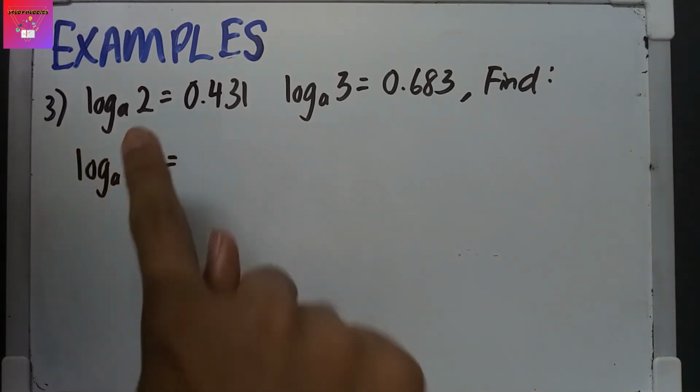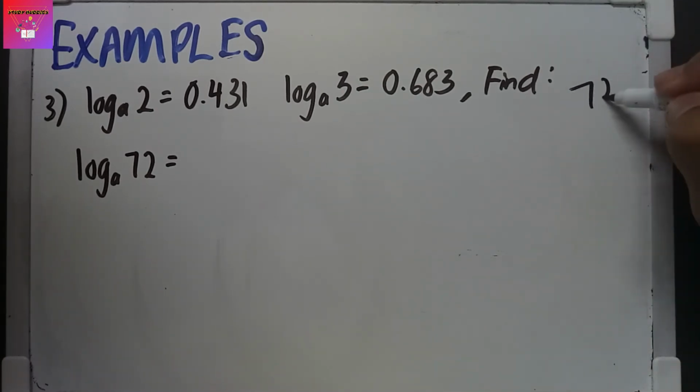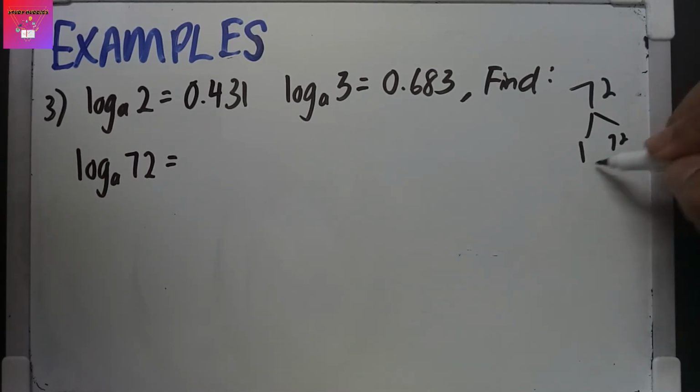log₃2 is 0.431 whereas log₃3 is 0.683. So now I have to find log₃72. What I have to do first is find the factors of 72. I would not like to waste time doing this, but I request you to do it by yourself.